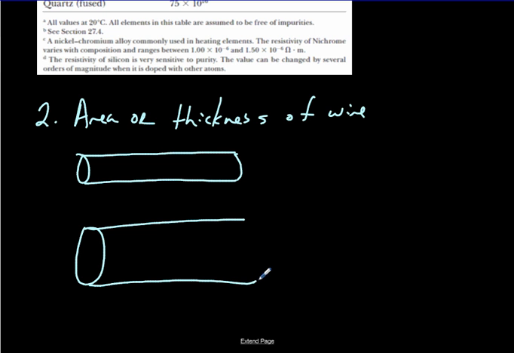I assume there's a metric equivalent to gauge, but we often use AWG, American Wire Gauge, where the higher the number, the narrower the wire. So we've got that kind of system going on. But anyway, the point is, a narrower wire will have more resistance than a fatter wire. So less resistance on the fatter wire.